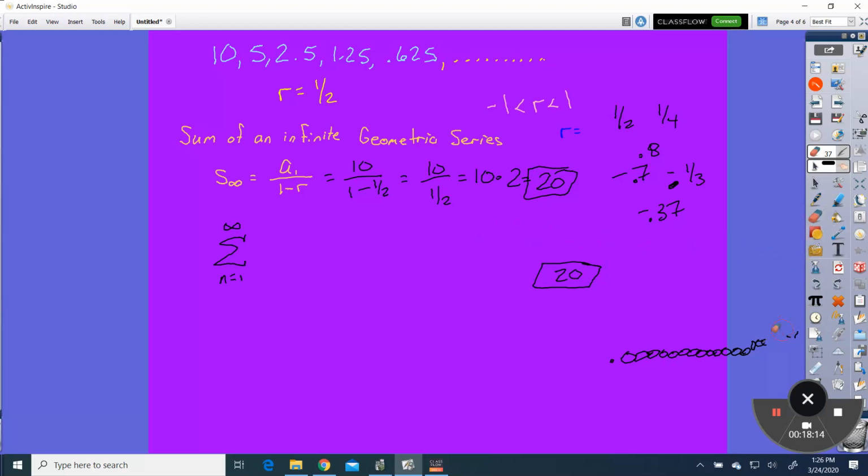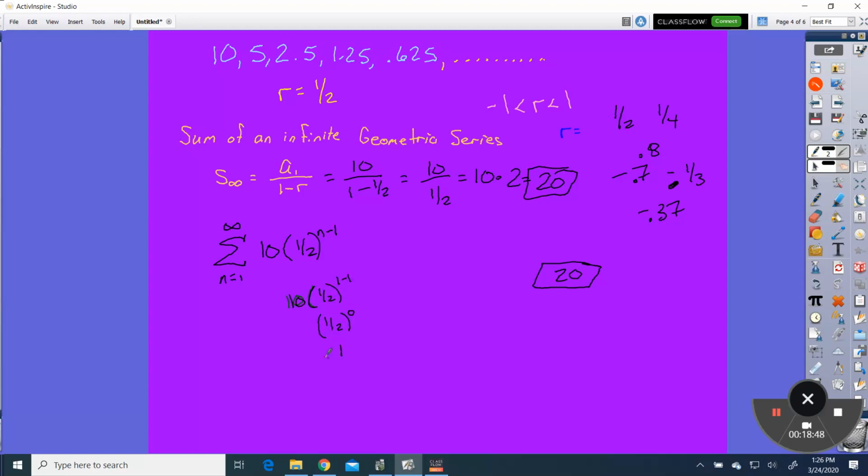Now, the same idea is how it looks versus this up here. The first term, if I were to write this, would be 10 times 1/2 to the n minus 1. So to get the first term, I'd plug 1 in here, so I'd have 10 times 1/2 to the 1 minus 1. 1 minus 1 is 0, so I'd have 1/2 to the 0 power.